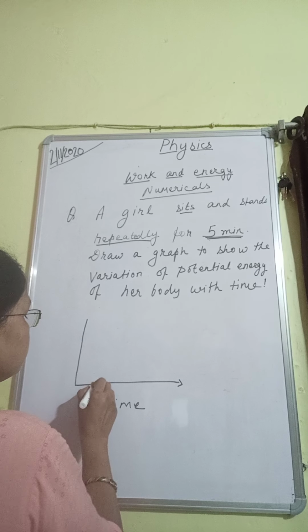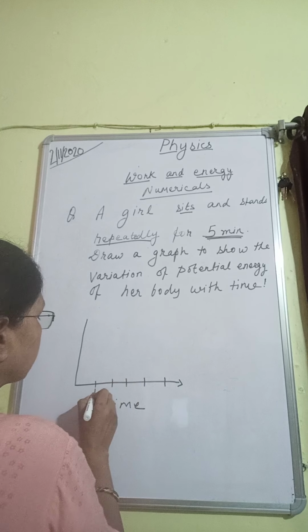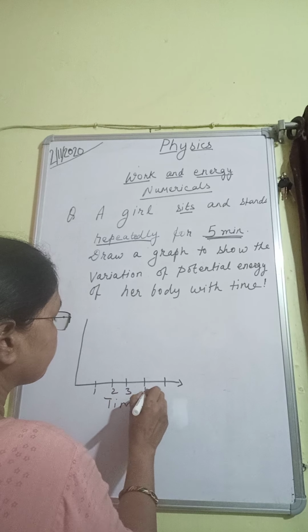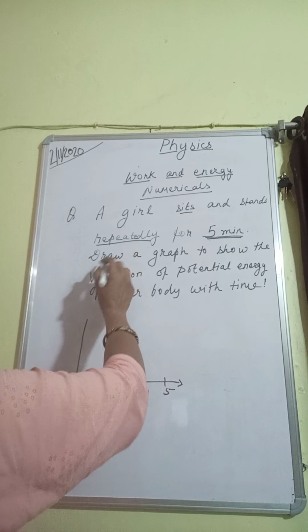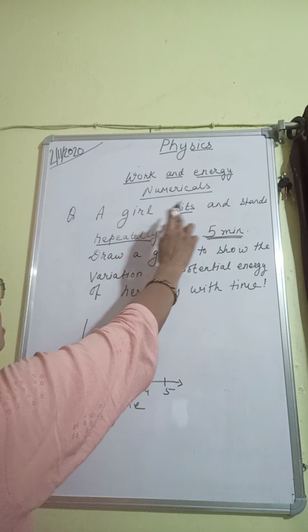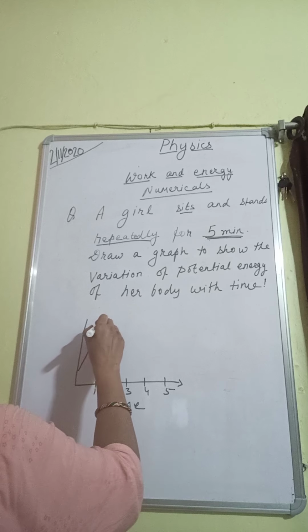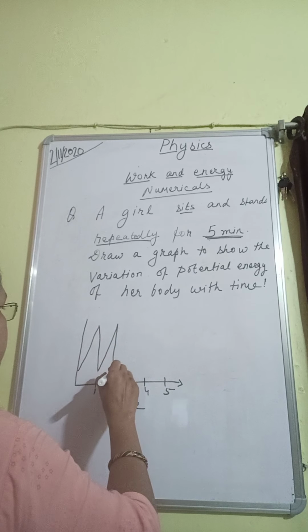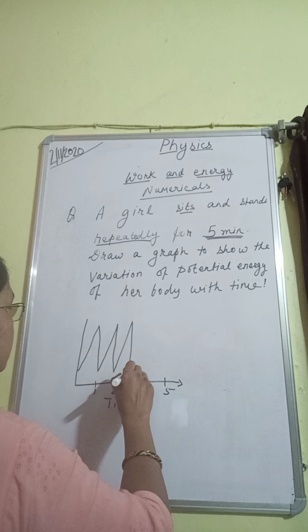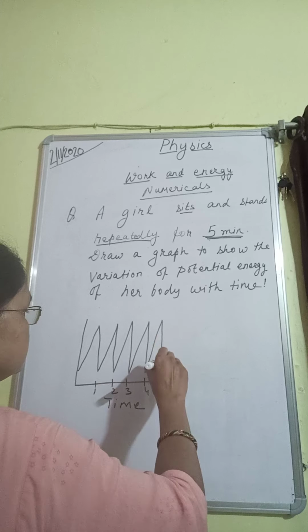So let's see 1, 2, 3, 4, 5. How we will show it? So the girl sits and stands. Let us start. Sit, stand, again sit, stand, sit, stand, sit, stand, sit, stand, sit.